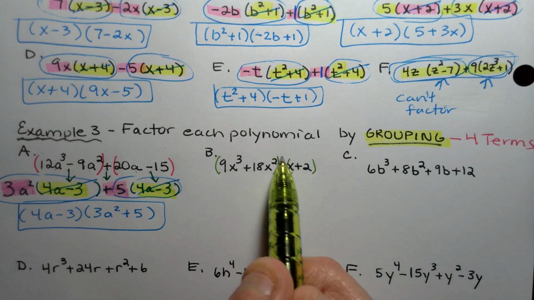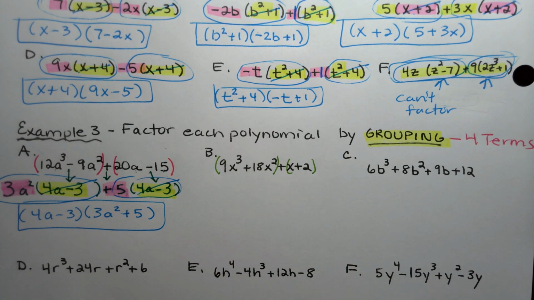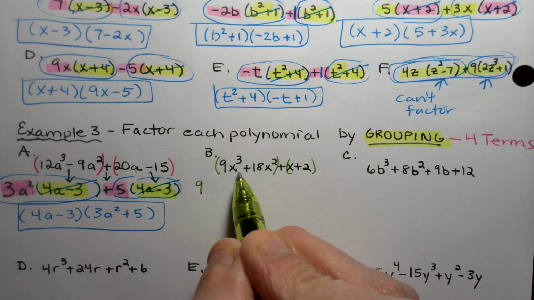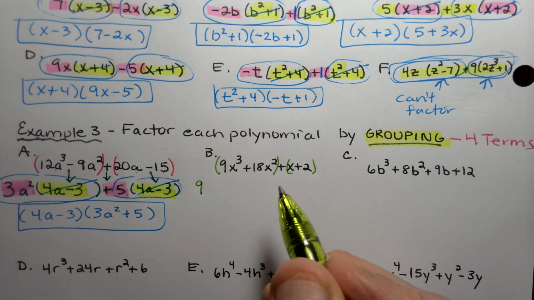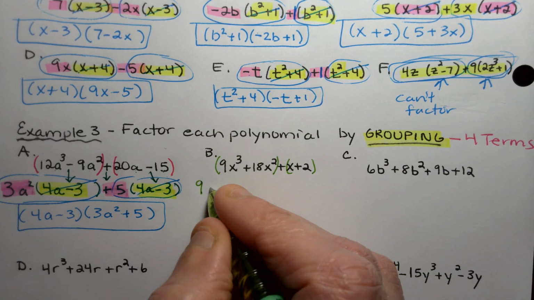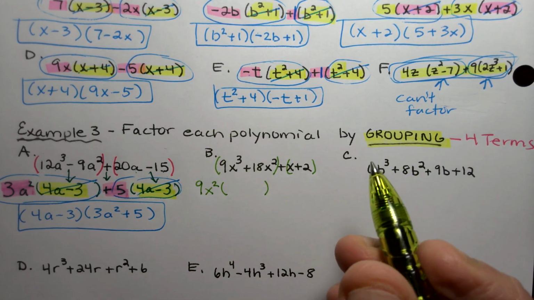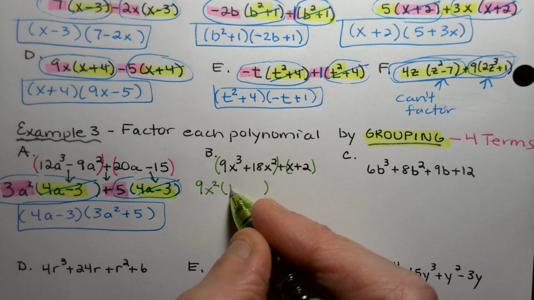So looking at the first group, 9x to the third plus 18x squared. What can you divide out of the 9 and the 18? A 9 is correct. How about out of x to the third and x to the second? X to the second, the smaller one. Good. All right, so we have to see what's left. 9 divided by 9 is 1.